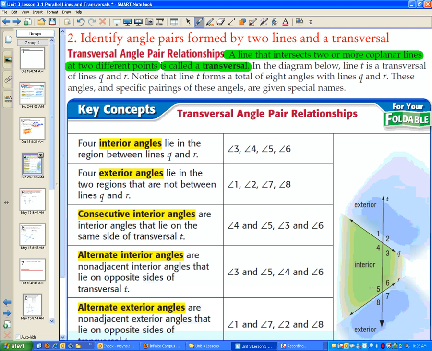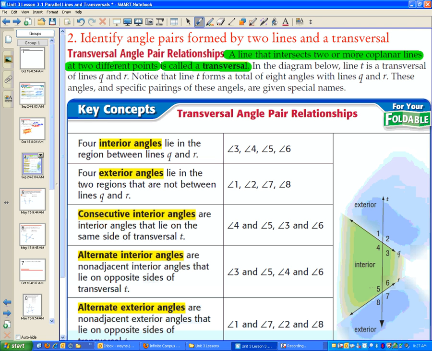Now think about it. If you drew several lines on a piece of paper, they would all be coplanar because they're all on the same plane as the paper is. And aren't the odds pretty good that unless you purposefully made them parallel, they'd probably all end up intersecting each other? So in effect, most lines can be a transversal, okay?